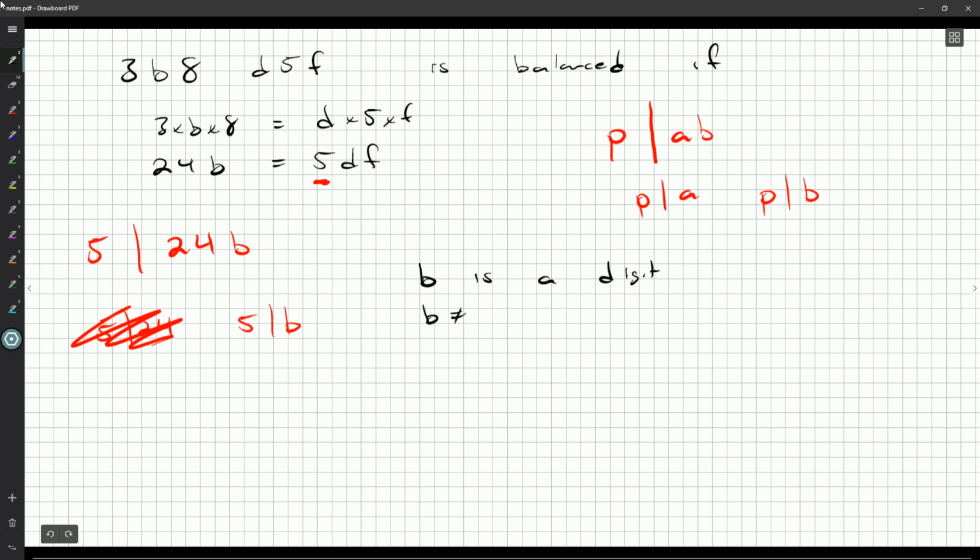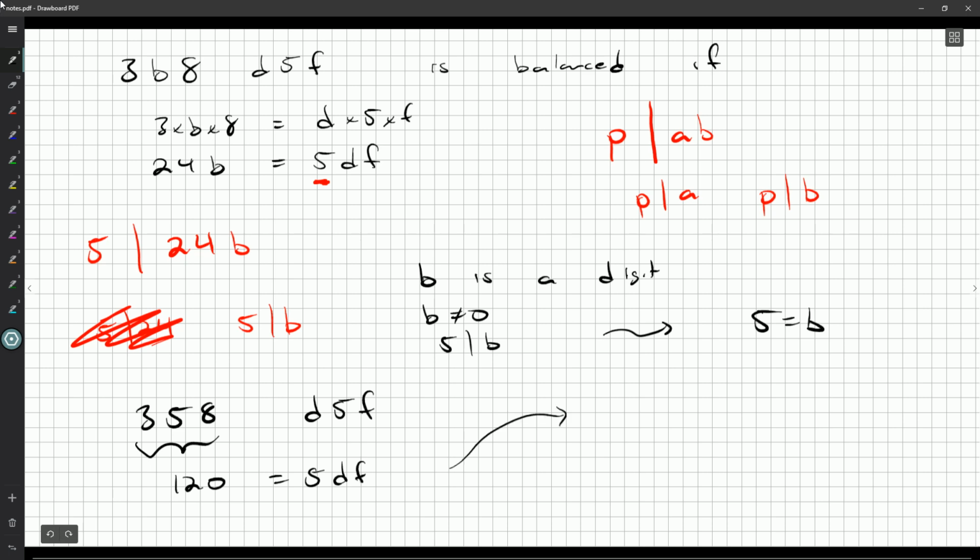b is a digit. B can't be 0, but somehow 5 divides b. We conclude pretty quickly 5 must be b. And so we've got 3, 5, 8, d5f is our number. 24 times 5, that's 120. And if I divide by 5 on both sides, I see that d and f must multiply to 24.